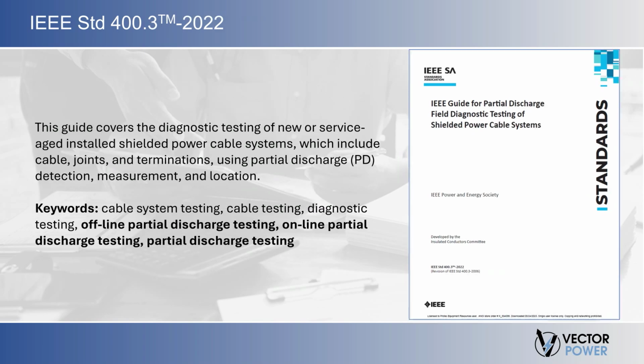One of the best go-to documents is the IEEE standard 400.3, the new 2022 revision. This guide covers the diagnostic testing of new or service-aged installed shielded power cable systems, which include cable, joints, and terminations, using partial discharge detection, measurement, and location.